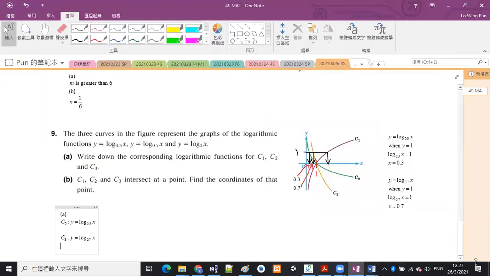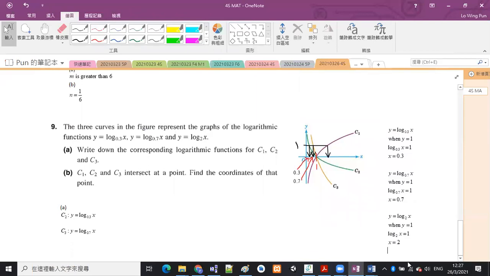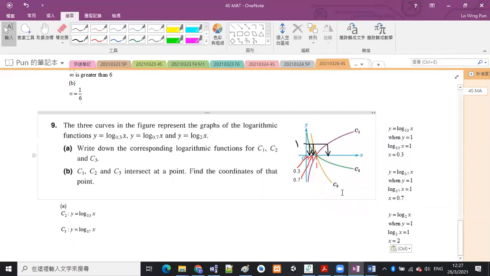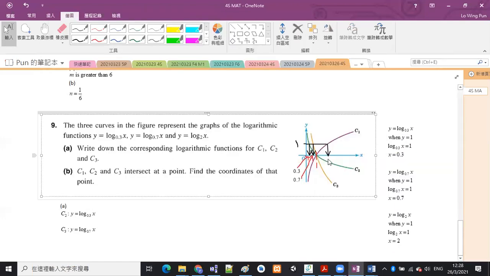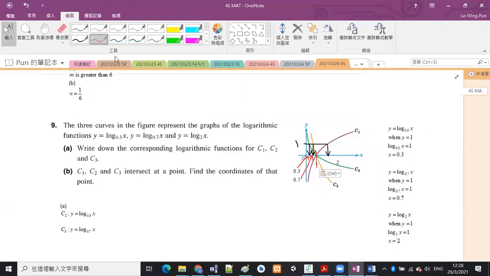Which means that the third x position should be 2, and 2 should be the only one on the right-hand side of 1 because it is larger than 1. So 2 should be placed here, which means that it comes from C1.